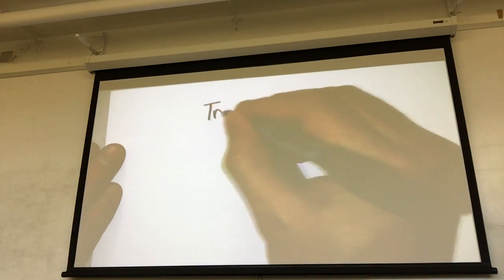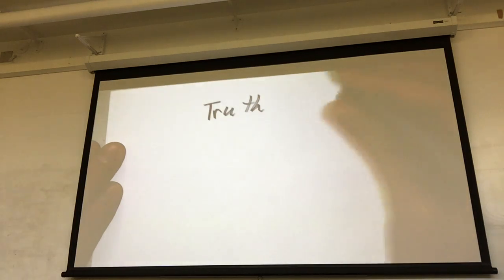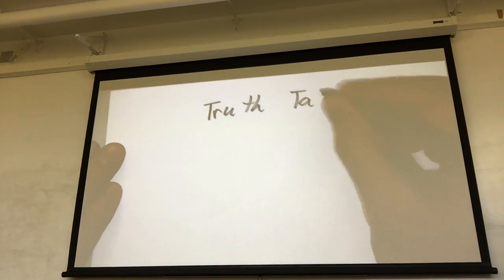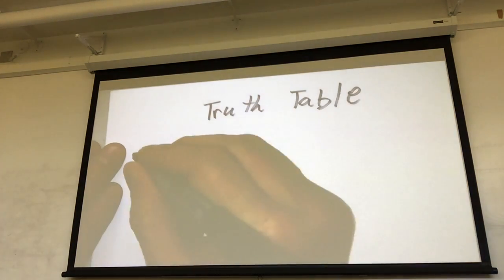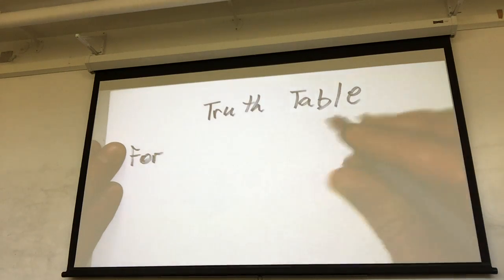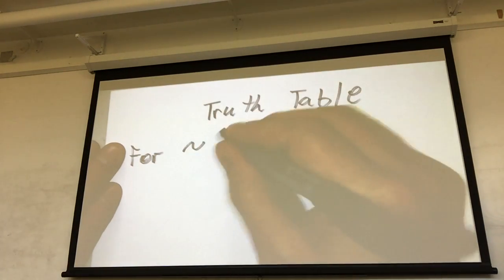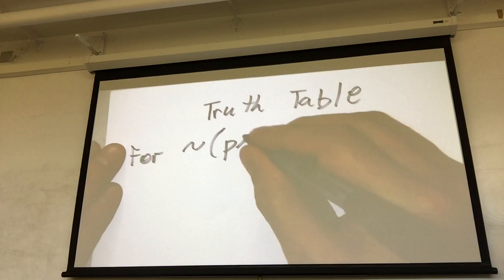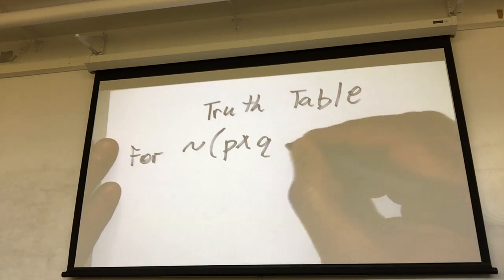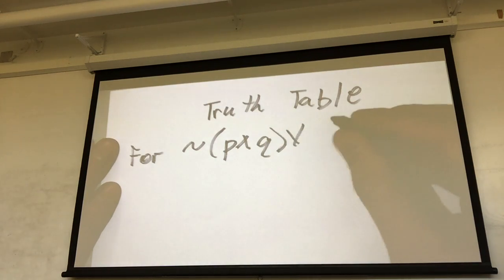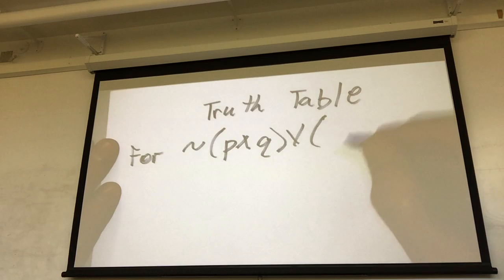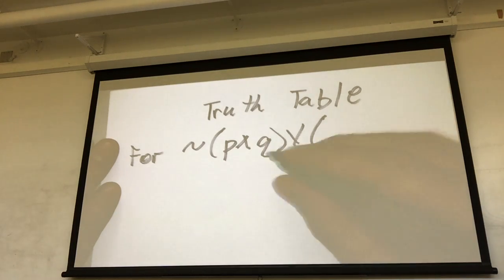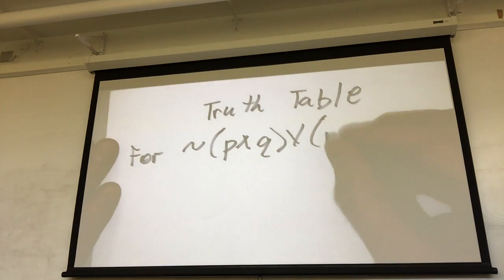Okay, so we're going to try to ask this question. What is the truth table for the negation of P and Q, and, or, because it's a union?